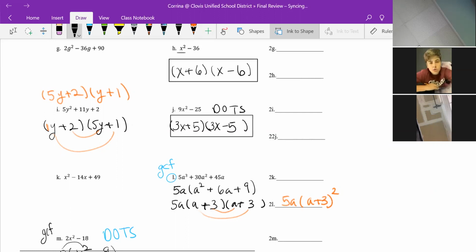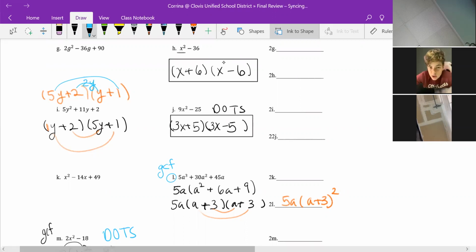I don't know. Okay, so you have two choices. You can do your double distribution, where you do that and that and that, which is okay but takes a little longer. Or the shortcut I showed you guys, where you do the inside and outside. What's 2 times y? 2y.